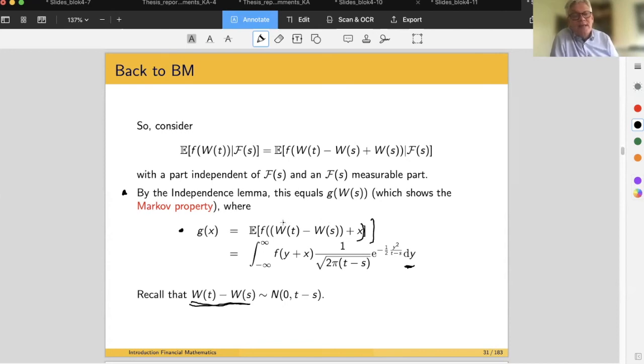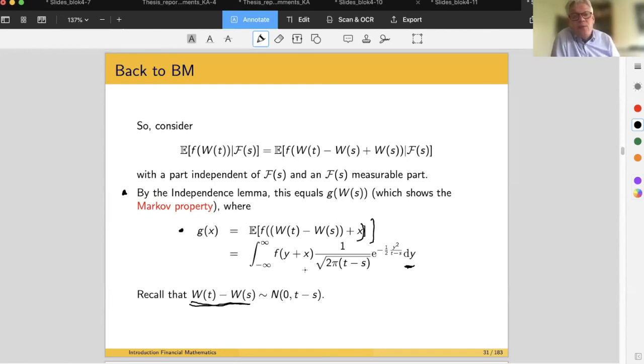So we write this expectation as an integral of that function times the probability density function, the integral from minus infinity to infinity of this function, where y represents the normally distributed random variable, and x is that part which is Fs-measurable.